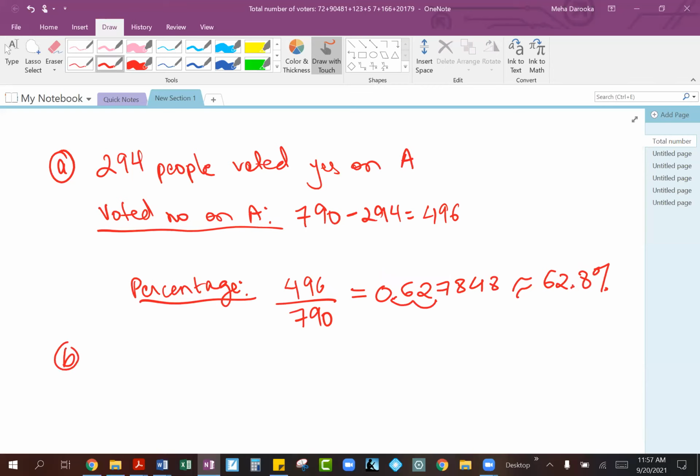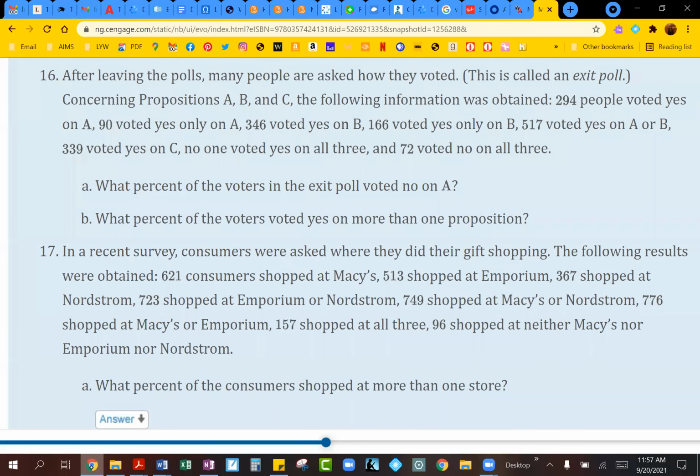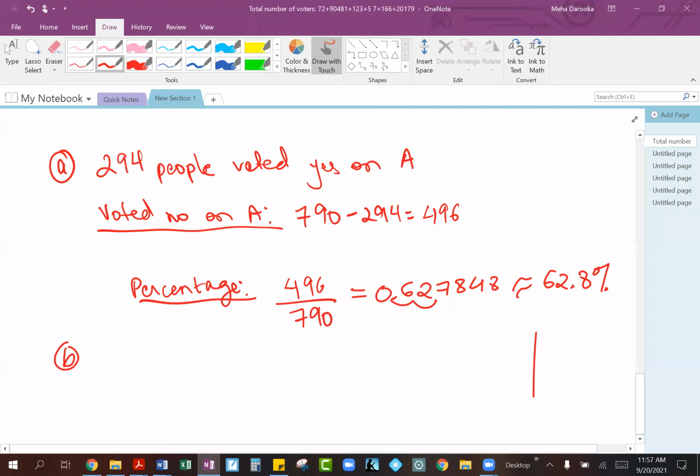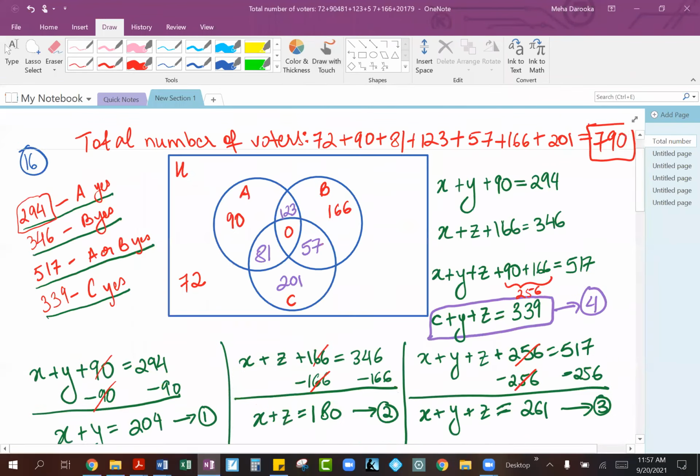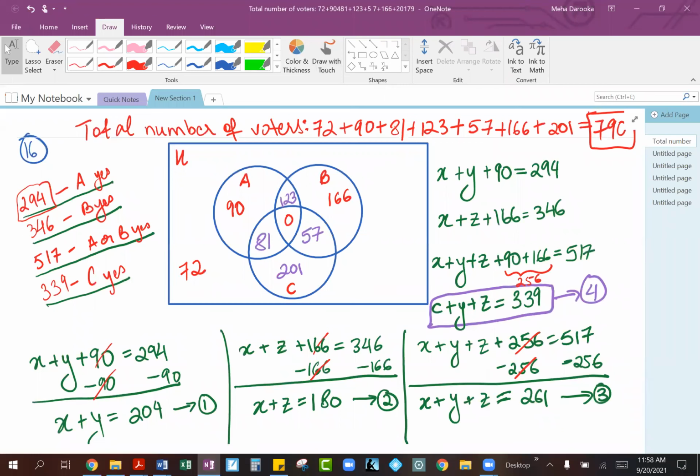And then we also have a part B, and this one wanted to know what percentage of the voters voted yes on more than one proposition. So again, read that question. What percent of the voters voted yes on more than one proposition? So, what do you think that number would be? And let's start out without the percentage.